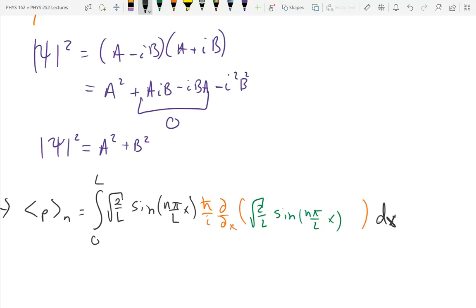what would you do now? Well, I used to do the derivative. Derivative sign, of course, is bring out the n pi over L cosine of n pi over Lx.